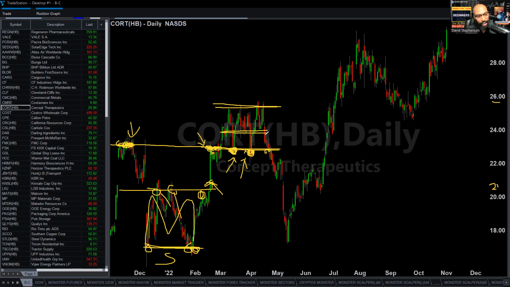If sellers came in here and broke this support, we could have gotten out here. And worst case scenario, if it broke this support area here, it could have gotten us out here. So we can have several areas of support.